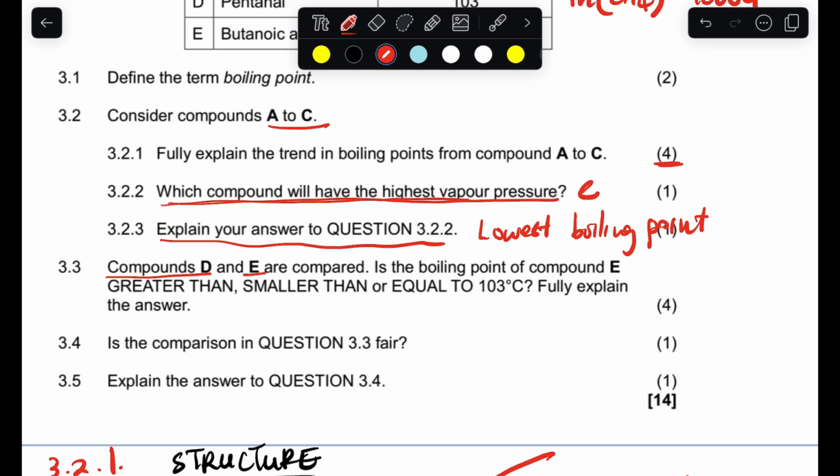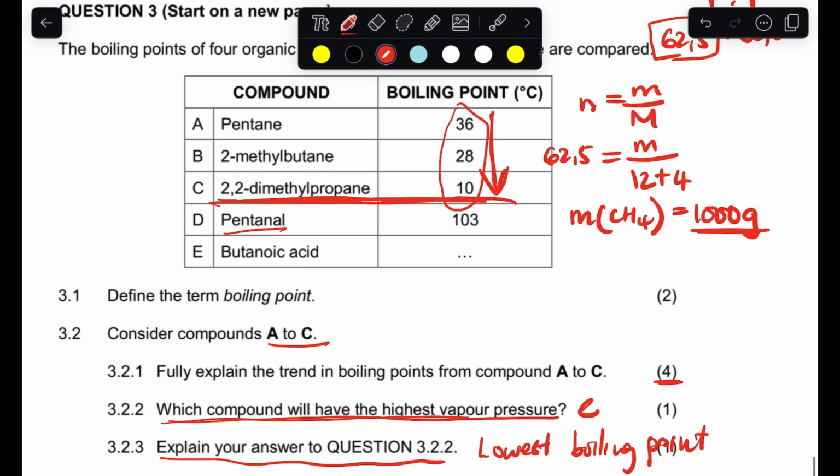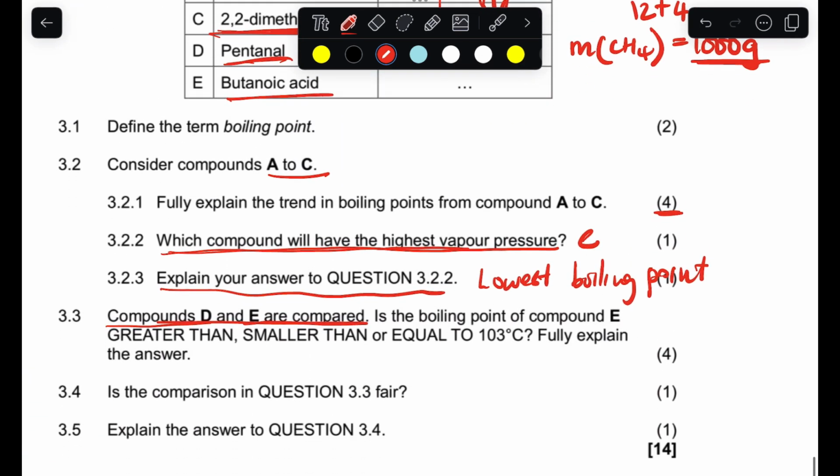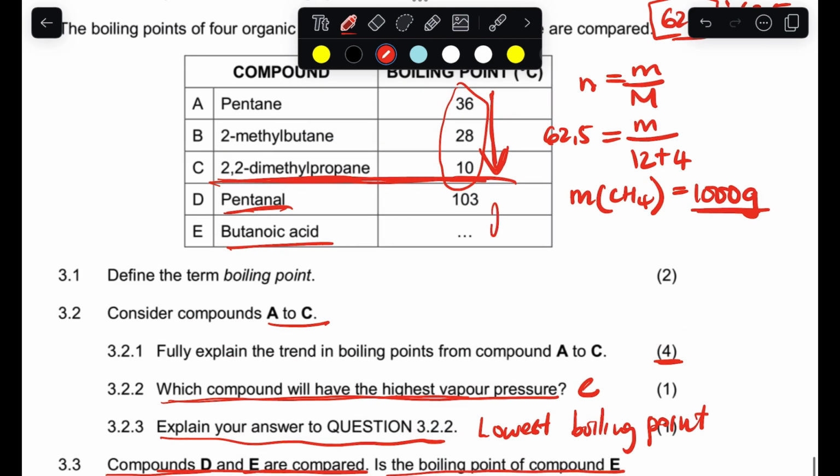It says compound D and E are compared. So D and E, as I told you, this is an aldehyde, this is an acid. Now it says, is the boiling point of E greater than, smaller than, or equal to 103? We're comparing these two, right? This one has the strongest intermolecular force, so its intermolecular force is going to be greater, and the intermolecular force of this is going to be weaker, because this one is a dipole, and this one is the butanoic acid, which has hydrogen bonding.